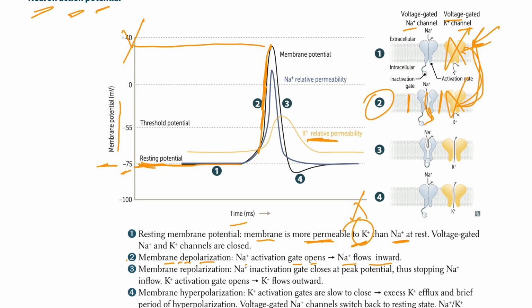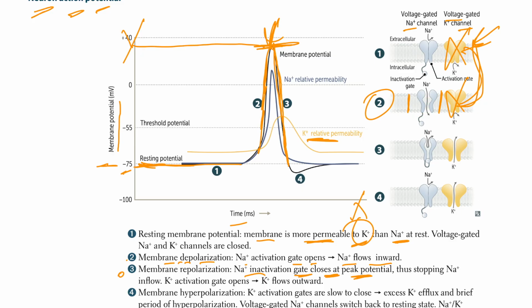Now the third thing is the membrane starts repolarizing. When the membrane starts repolarizing, the sodium inactivation gate closes at peak potential. The sodium inactivation gate is this small thing here.